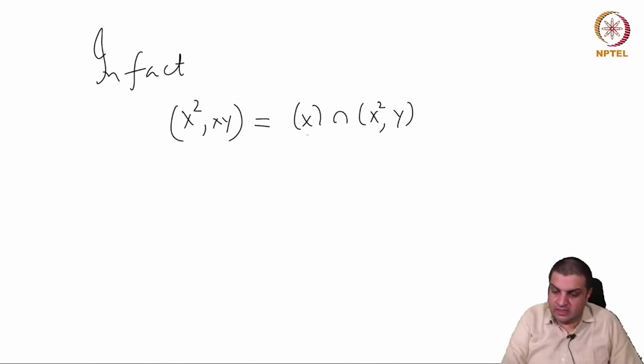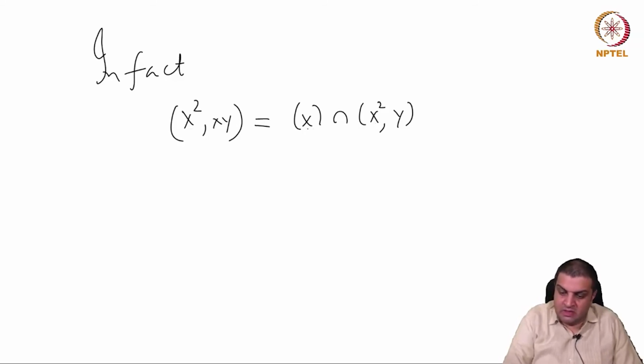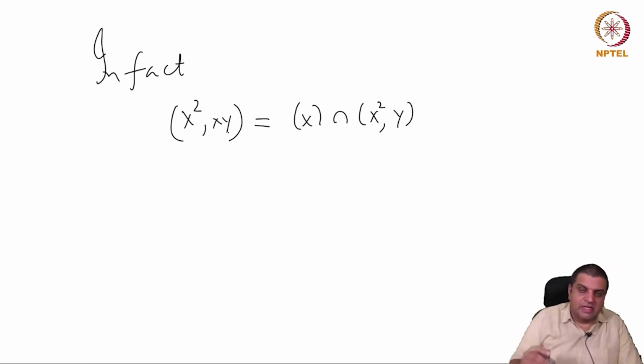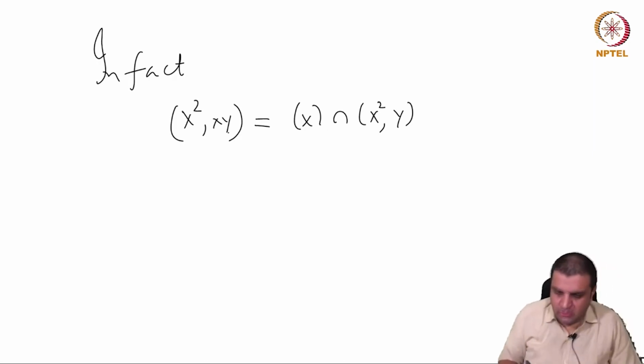One can check that this is equal. Clearly the left side is contained in the right side. On the other hand, if you have something on the right side, it must be divisible by x, written as a linear combination of x squared and y, and then you can remove the x terms outside and show that there must be an xy term. So this is equal.